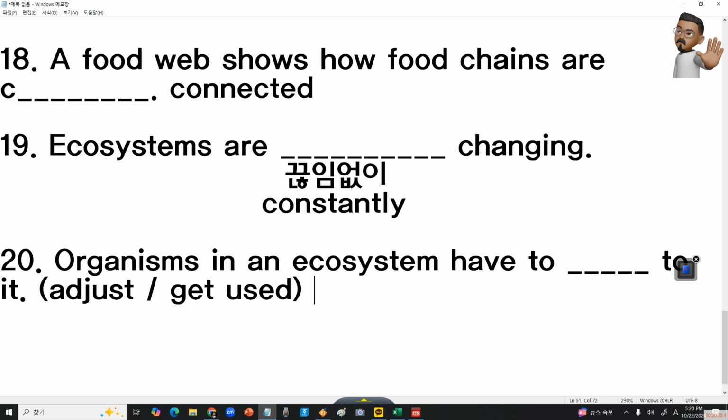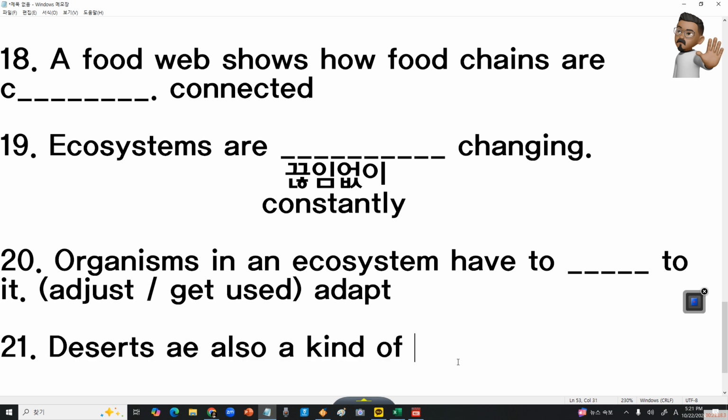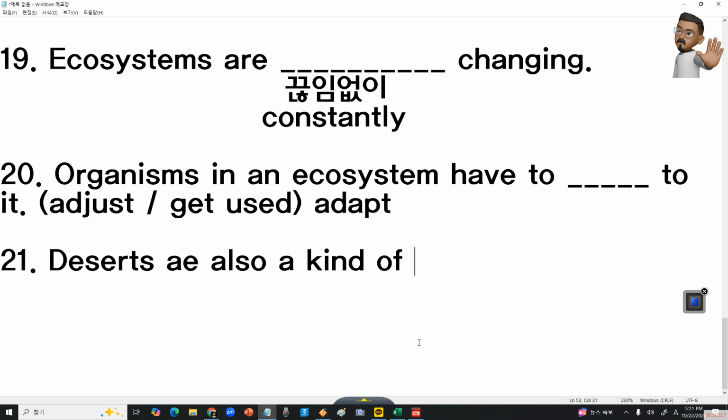It starts with A. 3, 2, 1, up! Others. Okay. Actually, the answer is adapt. Deserts are also a kind of blank.